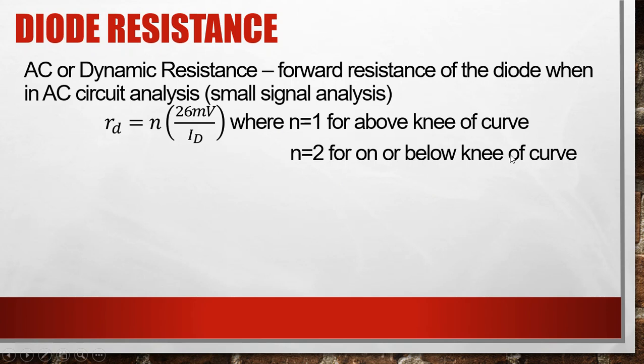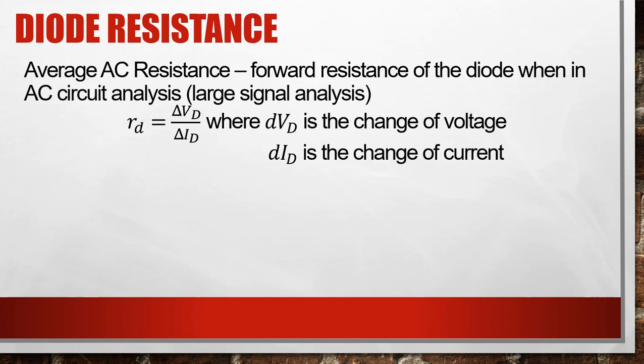But there is another AC resistance which is called average AC resistance. It is the forward resistance of the diode when in AC circuit analysis. It is for large signal analysis. Kasi, point to point na tayo.